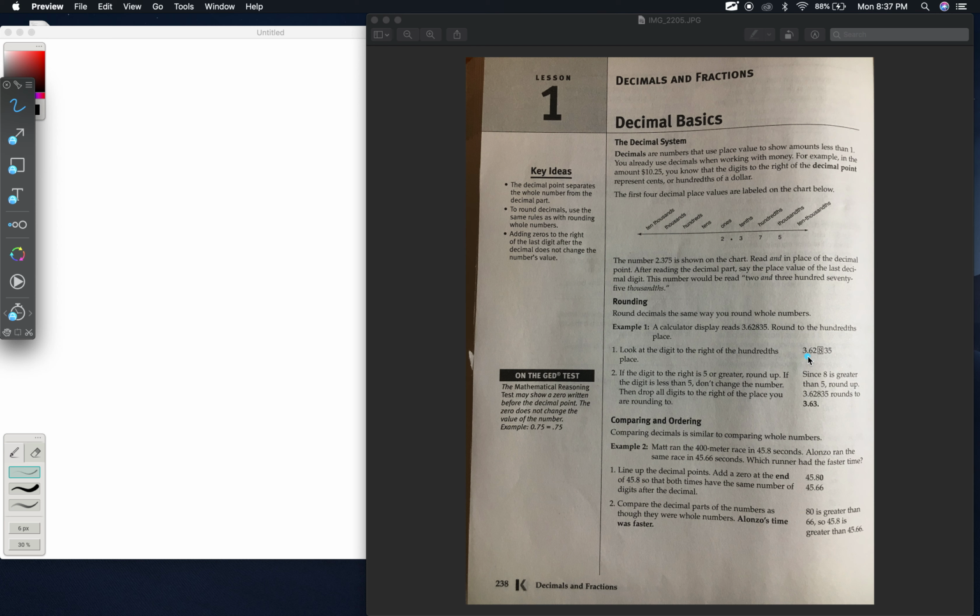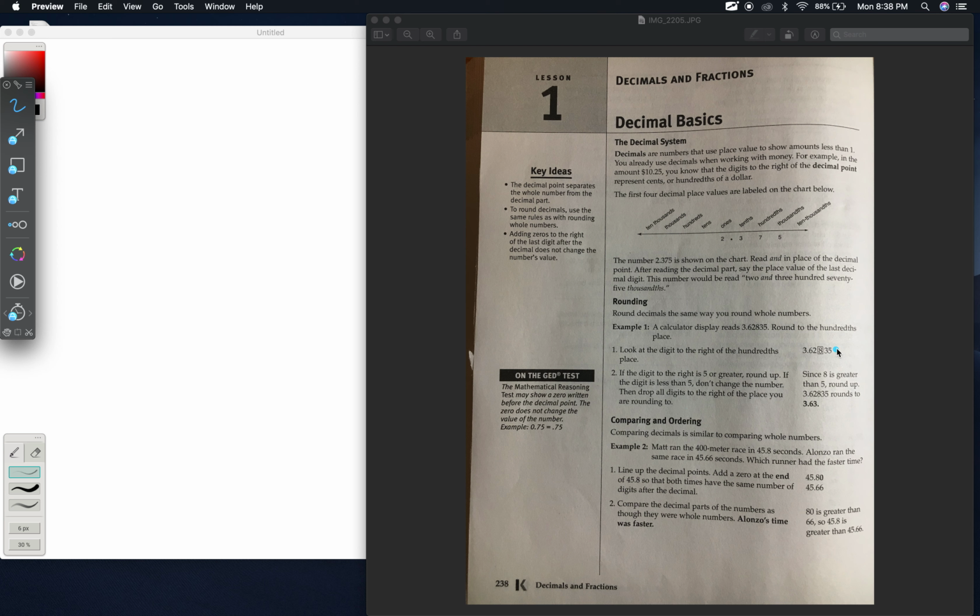We have tenths, then hundredths, and the digit to the right is 8. If the digit to the right is 5 or greater, round up. We see that it's 8, so it's greater than 5. If the digit is less than 5, don't change the number. Then drop all digits to the right of the place you are rounding to.